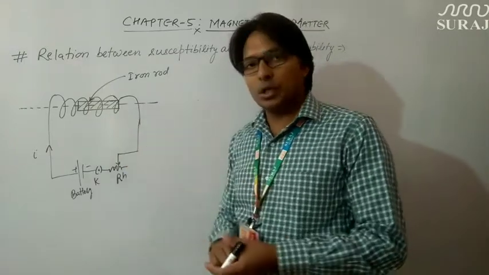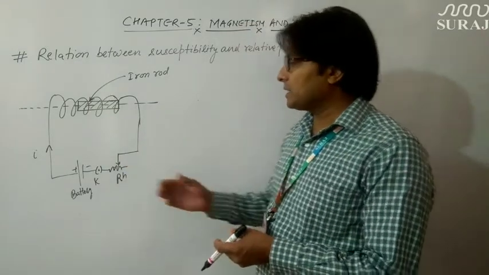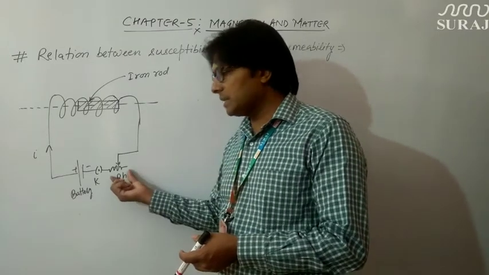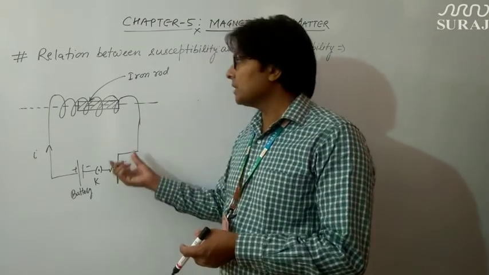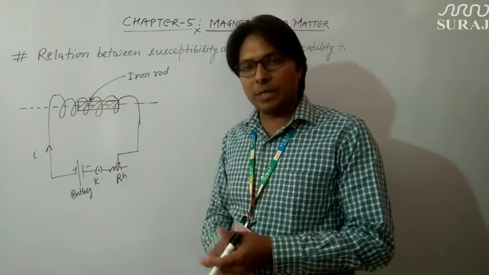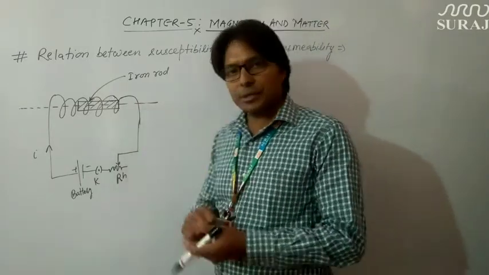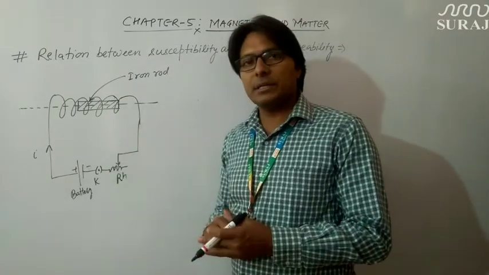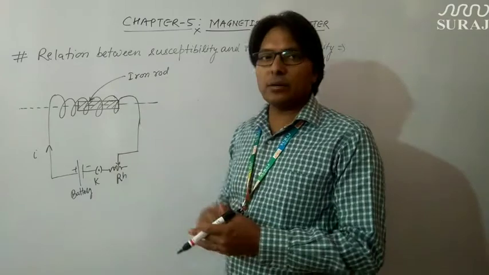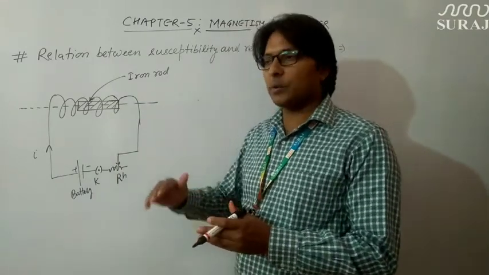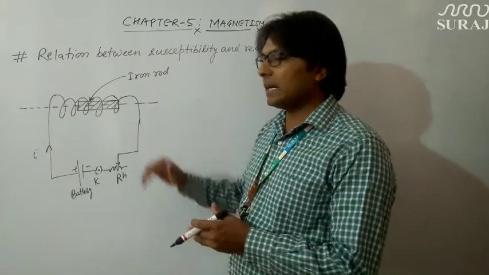produced by this solenoid. As we are increasing the value of current by decreasing the value of this rheostat, more and more dipoles will be produced, and up to a certain limit, up to its saturation level, this iron rod will get magnetized.